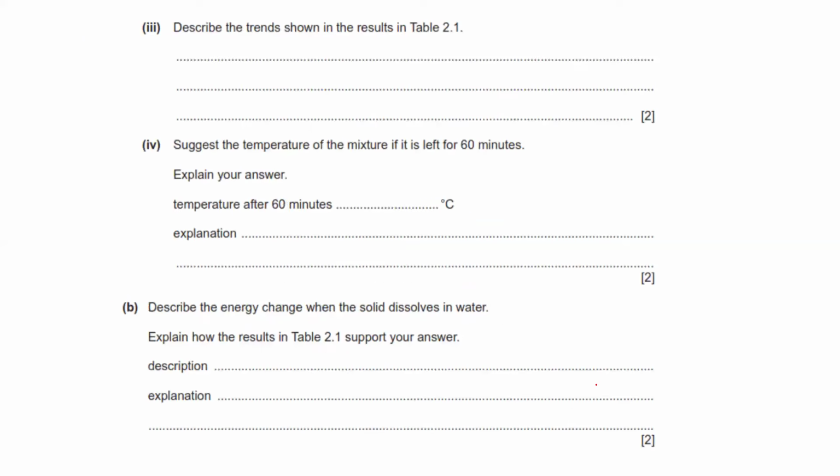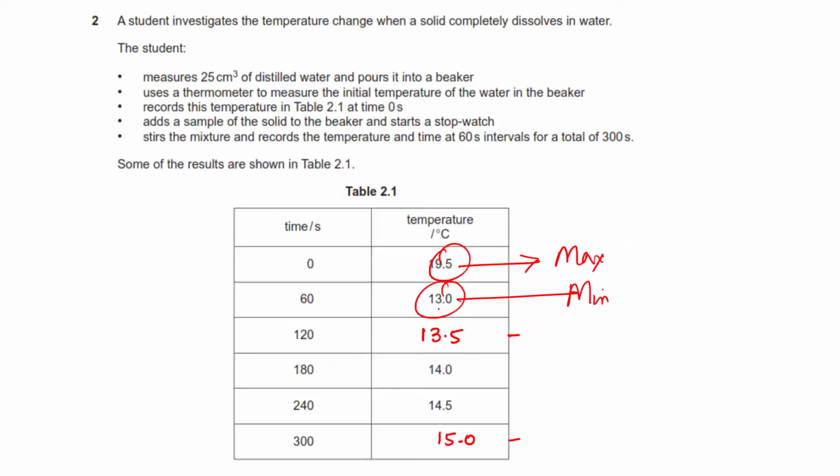Okay. Moving ahead, it says part 3, describe the trend shown in the results in table 2.1. So what is the trend? So if we say this is our time, this is our temperature. Say this is 20, this is 10, this is 15, for example. This is 1, 2, 3, 4, 5, 6.